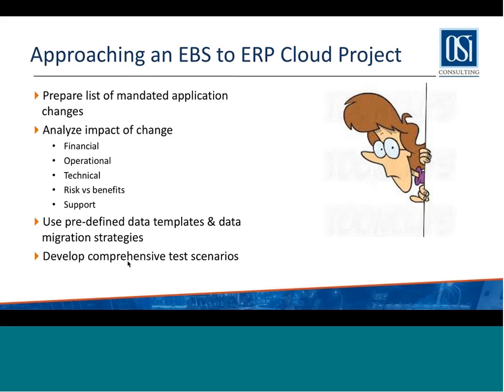So we would make a list of those application changes and analyze the impact of those changes for the whole suite that you're using on EBS on the company, on the financial, operational, and technical side. Make a risk versus benefits analysis, and also how do you support these cloud applications? What is the impact on the support later?